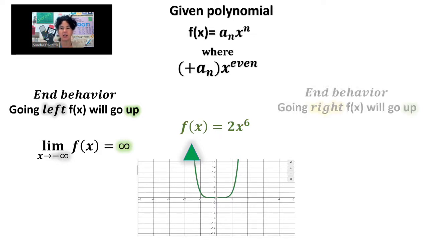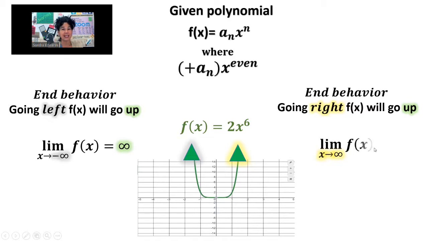All right, let's take a look at that on the right. You already know verbally that as you move to the right that the function is going up. The notation for that is the limit as x approaches infinity of f of x is positive infinity. Okay, this means as I select numbers to plug into the function, I'm going to start picking numbers that are bigger and bigger and bigger heading to positive infinity.